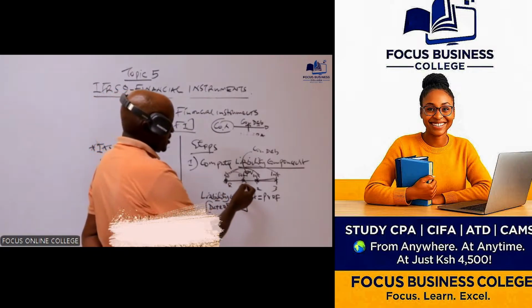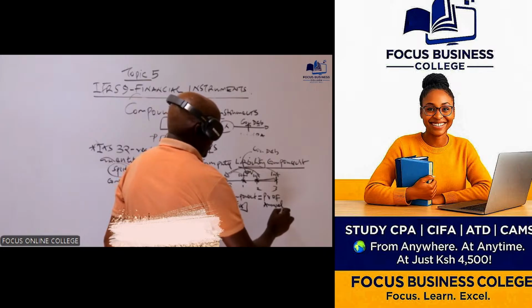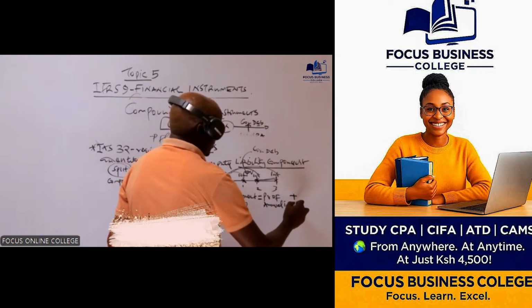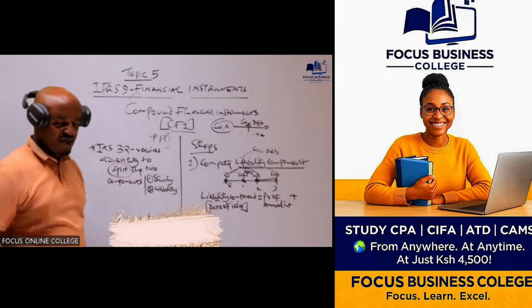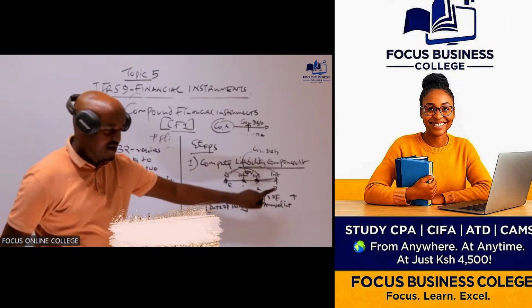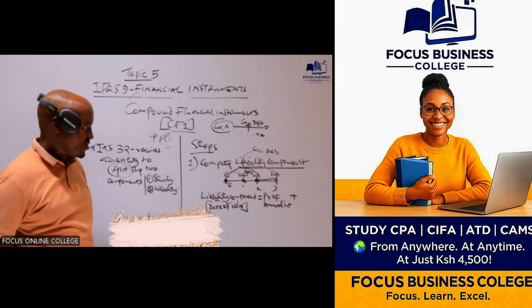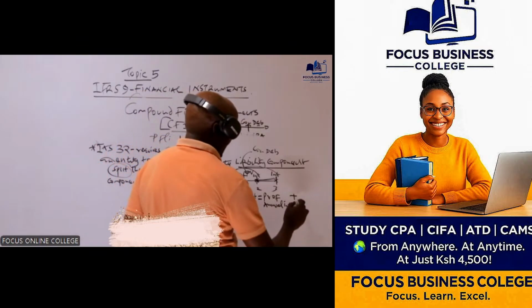So to compute this liability component, the liability component here is equal to the present value of the annual interest. I hope you know how to discount this. Remember, these are annuities, because these are similar cash flows, so you know how to discount that from financial management.